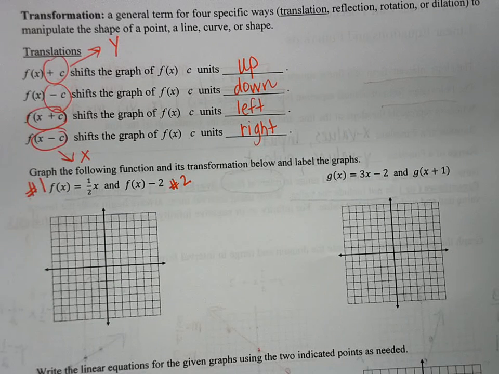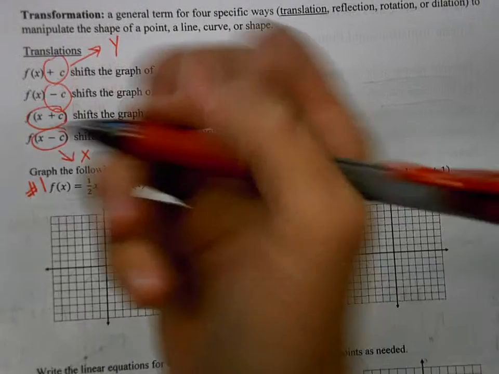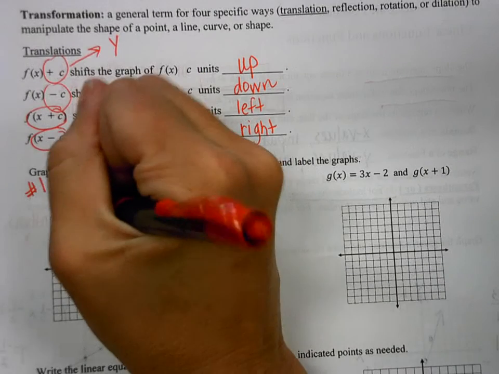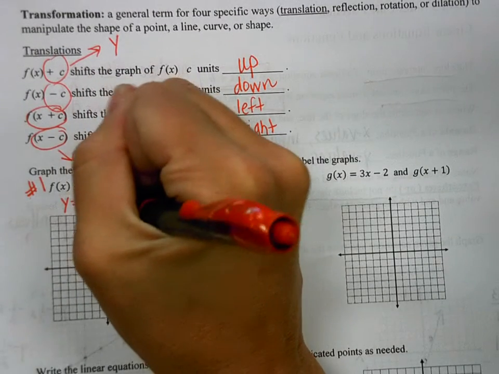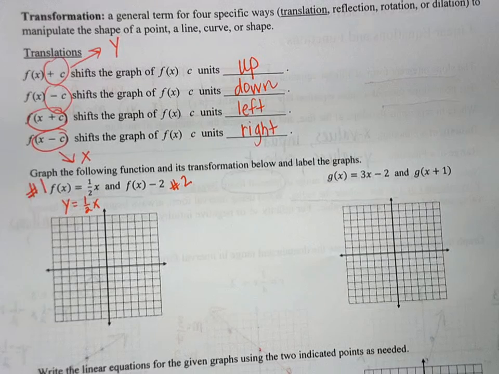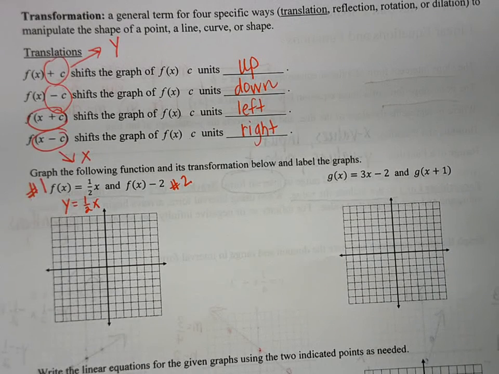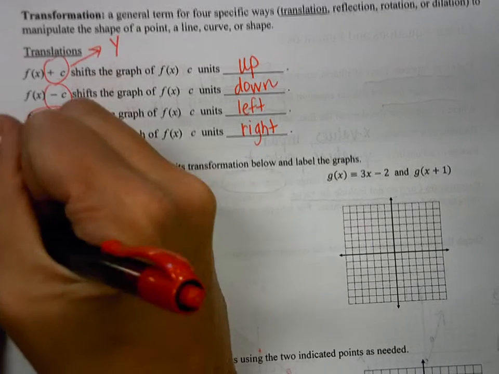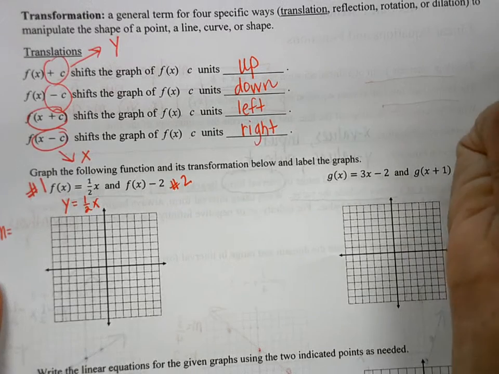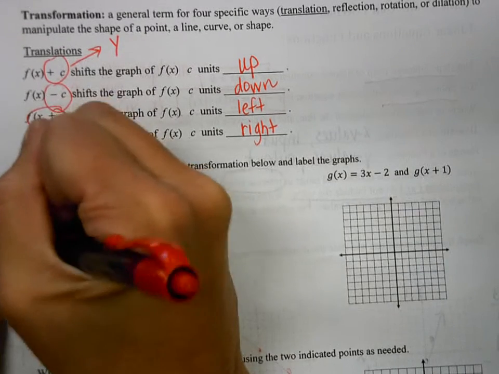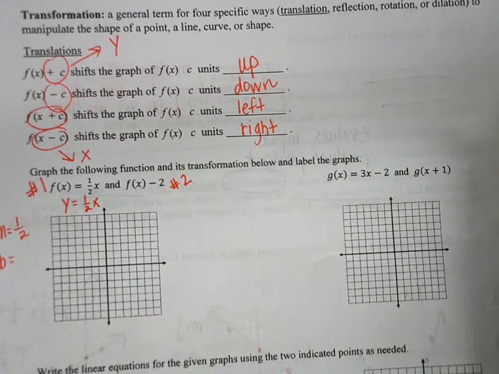Okay? Now, when you see f of x, that is the same thing as y. So you can think of this as y equals 1/2 x. When I'm graphing that, my slope is what? 1/2, and my y-intercept is 0. How do I know it's 0?